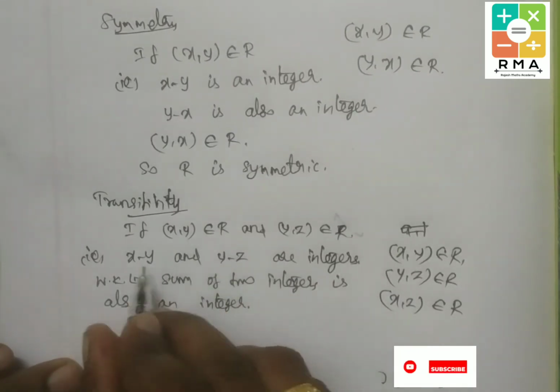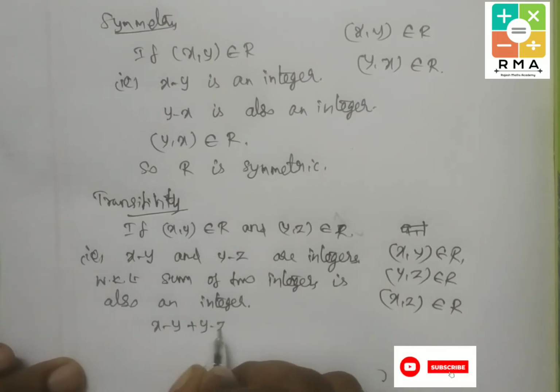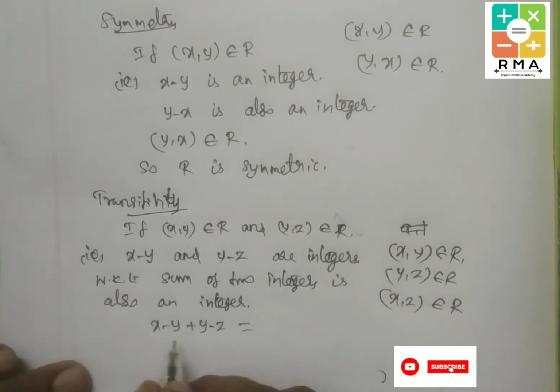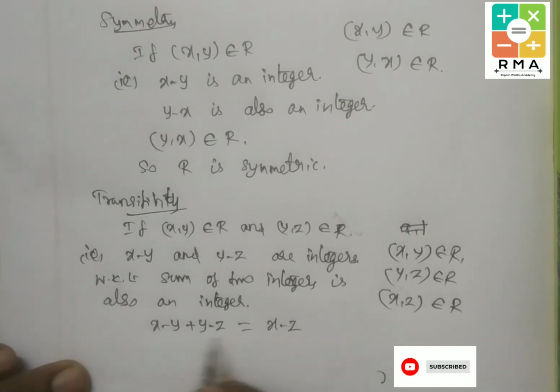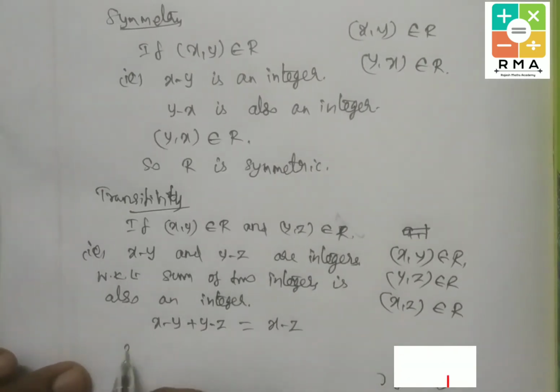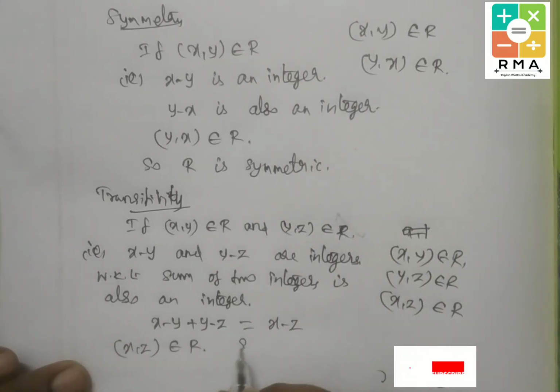We can write this sum: x minus y plus y minus z. X minus y plus y minus z can be written as, these two will get cancelled, we will get x minus z. If these two are integers, then x minus z is clearly an integer. So I can say that (x, z) belongs to R.